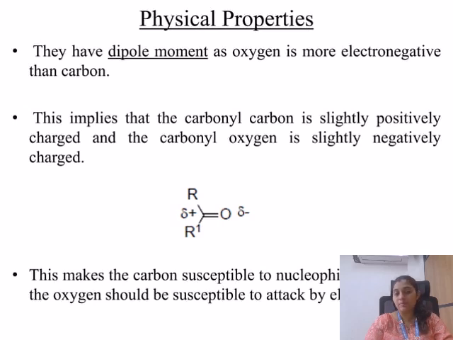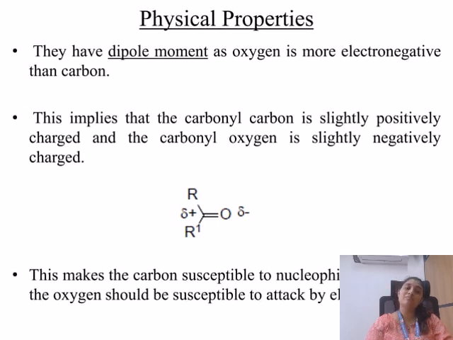So when we are talking about the C double bond O, as we know it contains one sigma bond and one pi bond, and the pi bond is the weaker bond. Here the electron of the pi bond will be attracted towards the oxygen due to the high electronegativity of the oxygen when we compare it with the carbon. So you can write that oxygen will contain a partial negative charge.